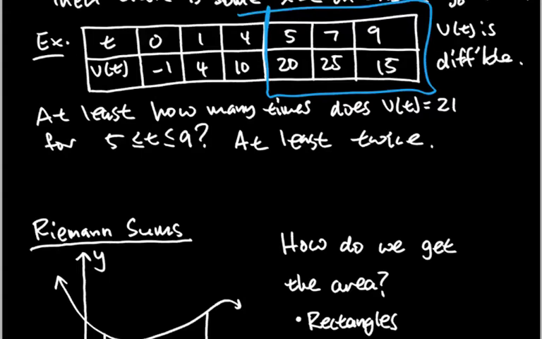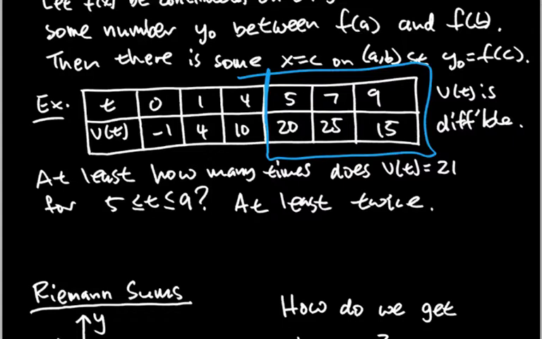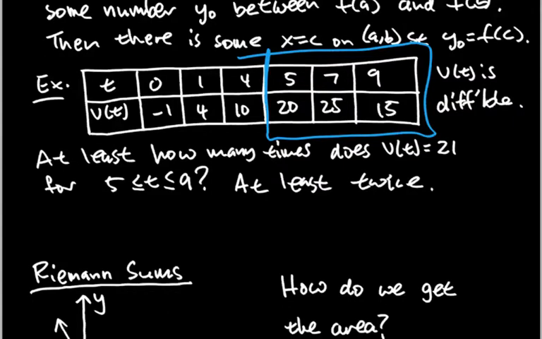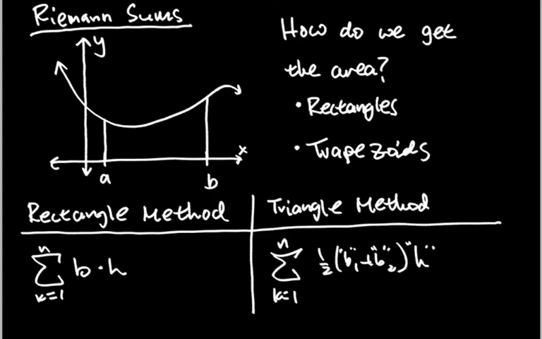Okay, so let's apply this whole continuity and limits thing to Riemann sums. So, how do we get the area between this right here?